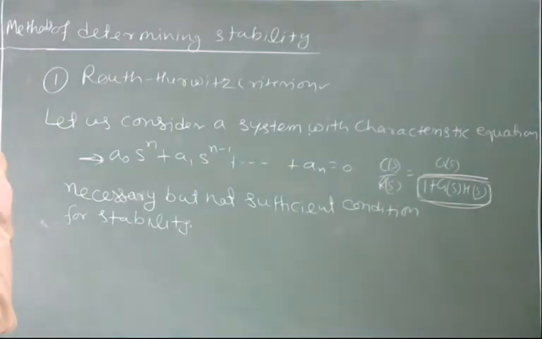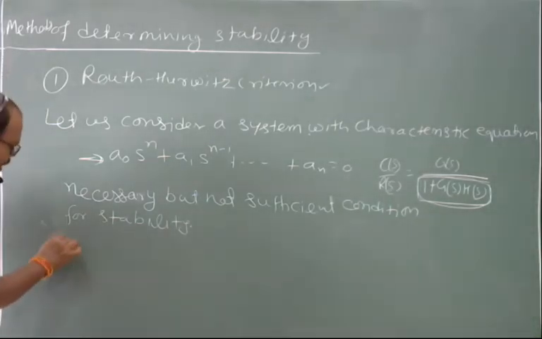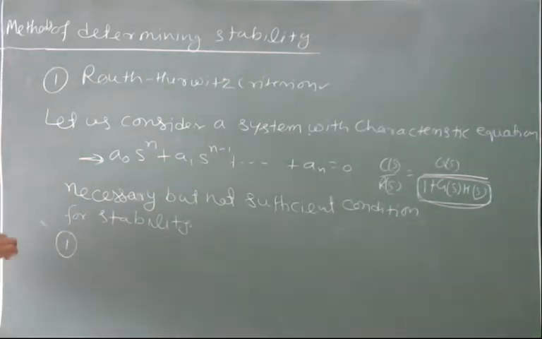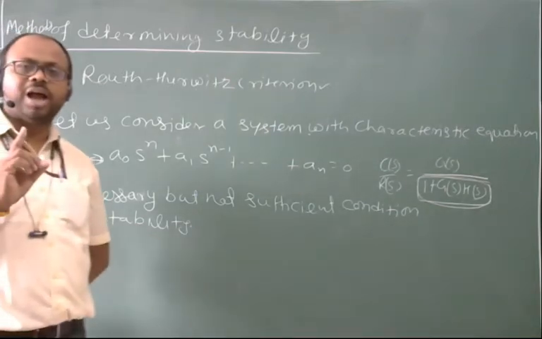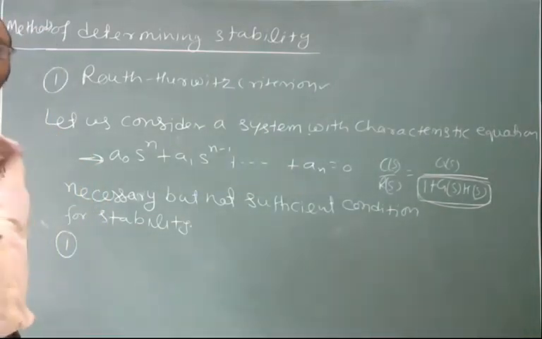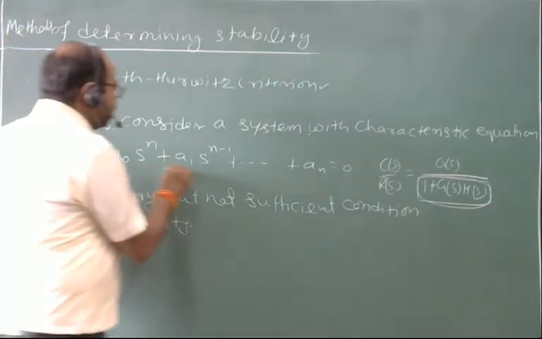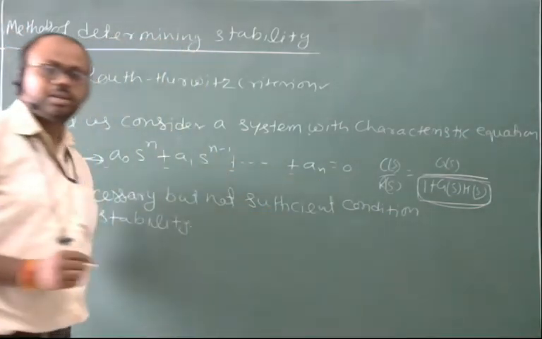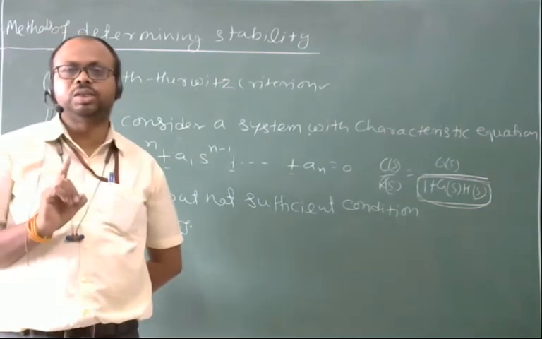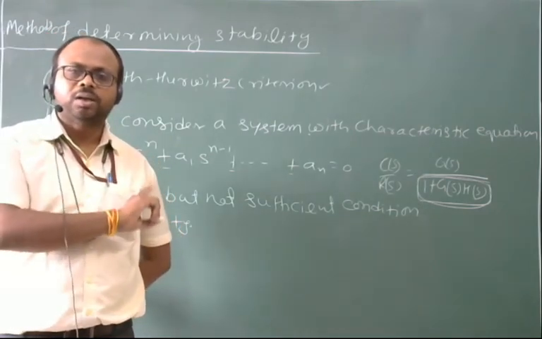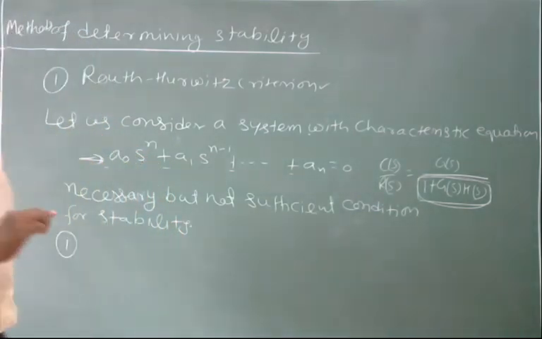So first I will check the necessary but not sufficient condition for stability. What is the first condition? First condition says that there should be no sign change in the coefficients of characteristic equation.